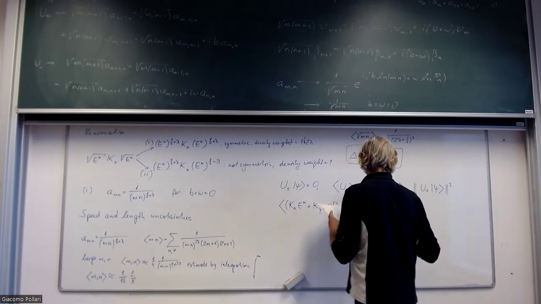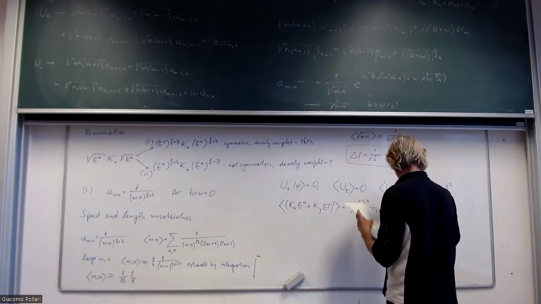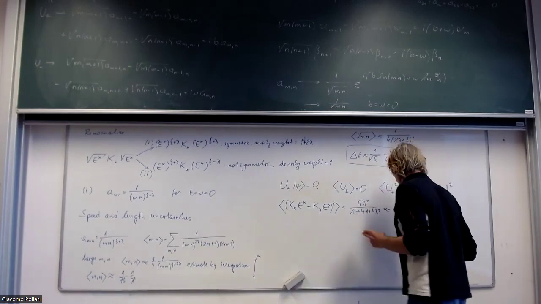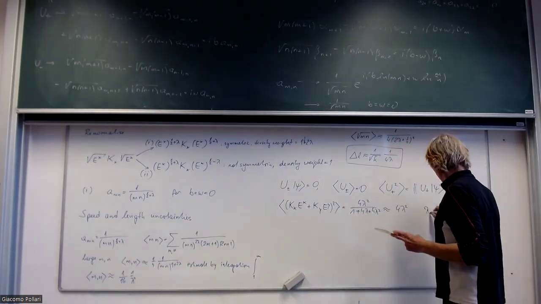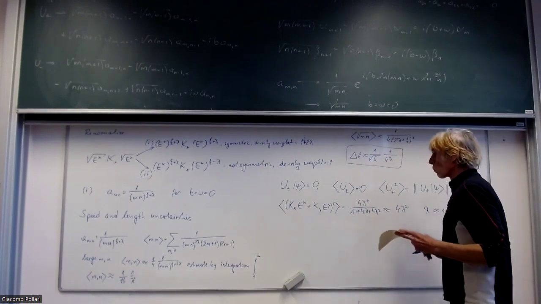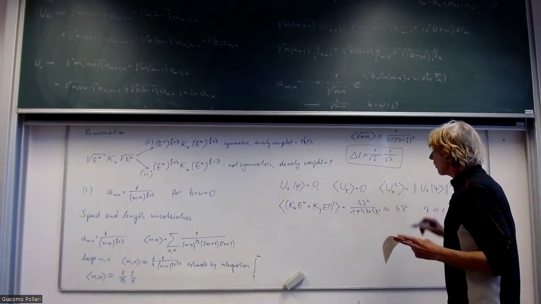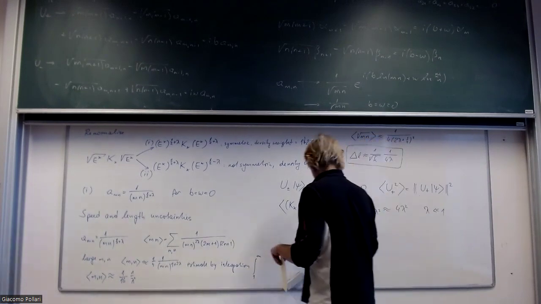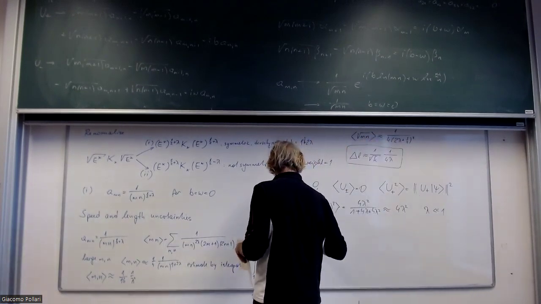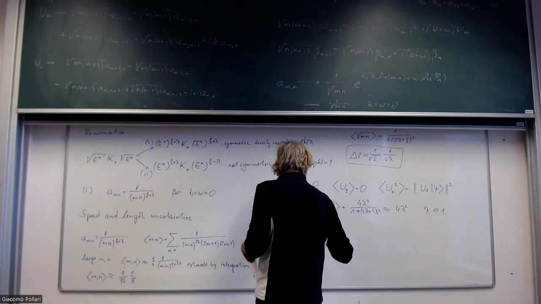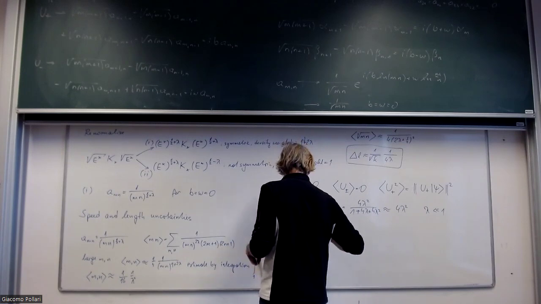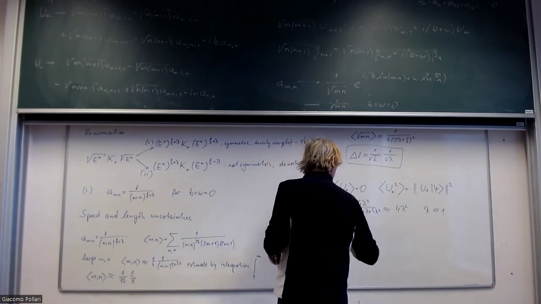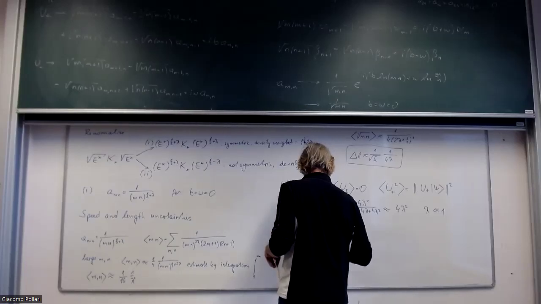And this is approximately 4 lambda square for small lambda. What this means, as this is equal to 0, is that delta U plus is the square root of it, 2 lambda.